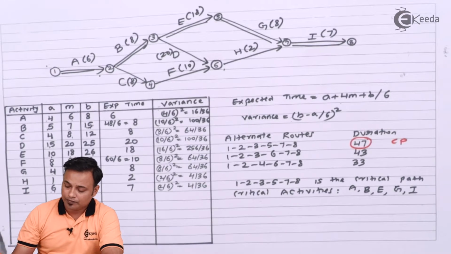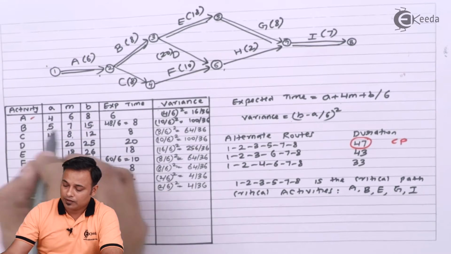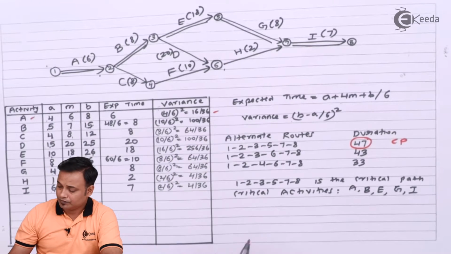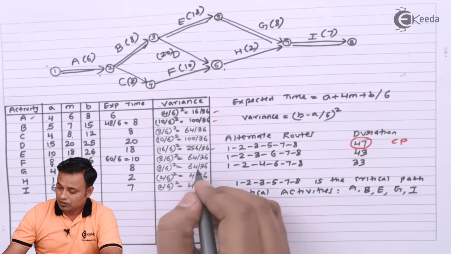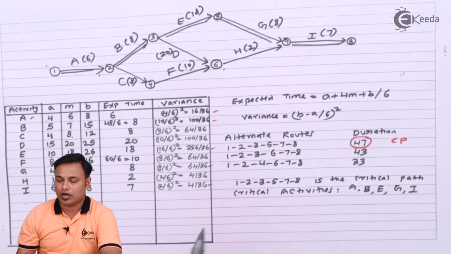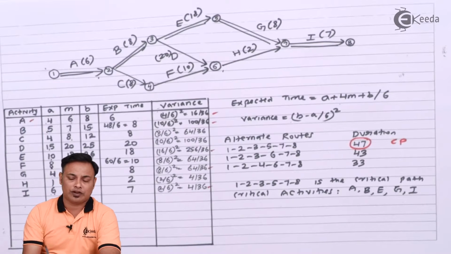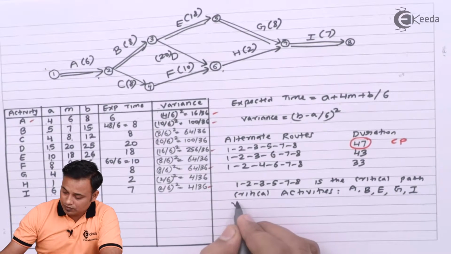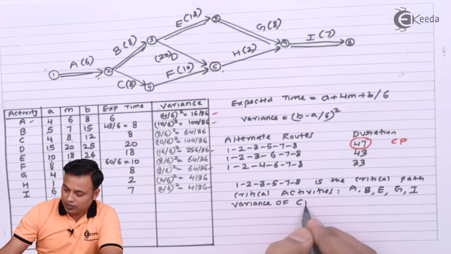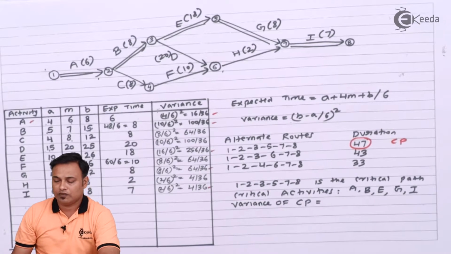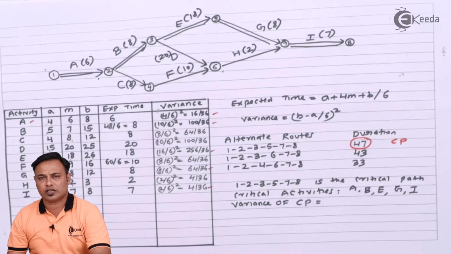We'll note them down: A, B, E, G and I. These are your critical activities. Now we will find out the variance of the critical path, which is simply the sum of the variances of these critical activities.